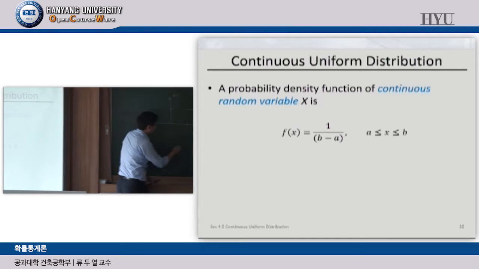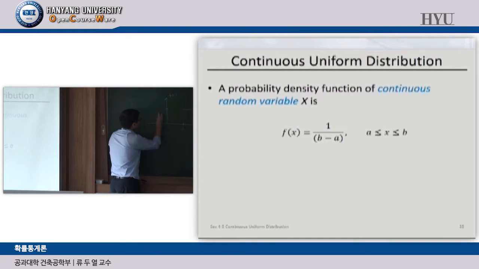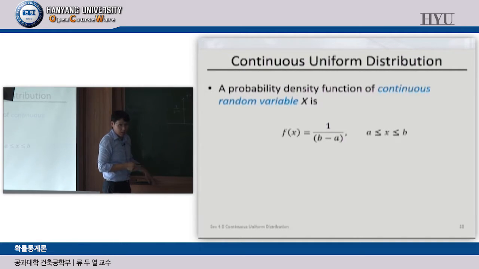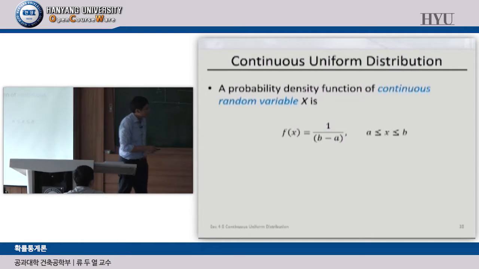The x between a and b has the probability density function 1 over b minus a. Okay? So this is the schematic description of the continuous uniform distribution.